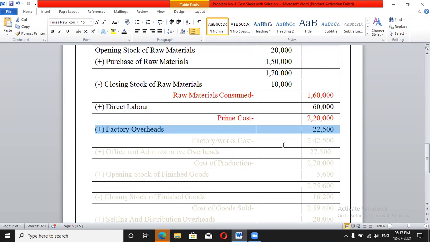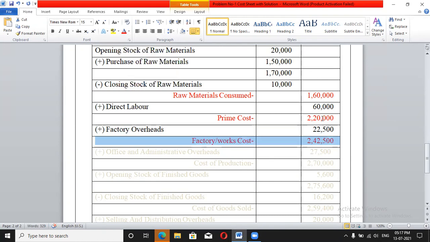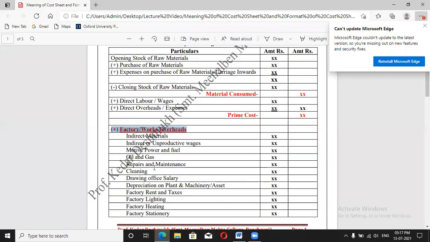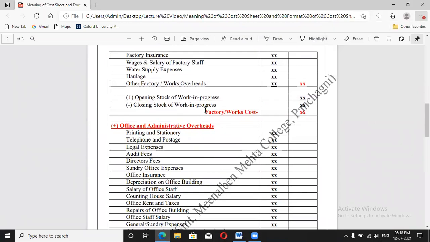By adding factory overhead to prime cost, we get the amount of factory or works cost. So the amount of factory cost is 2,42,500.